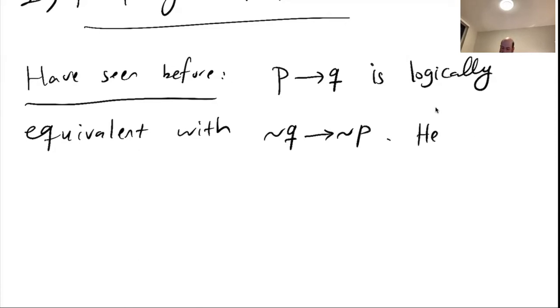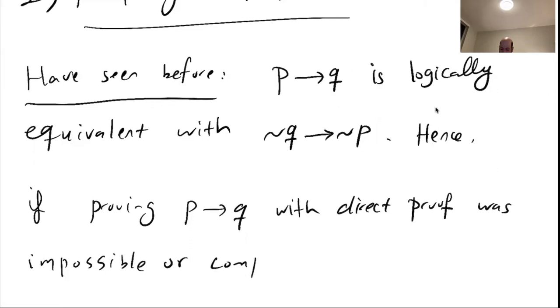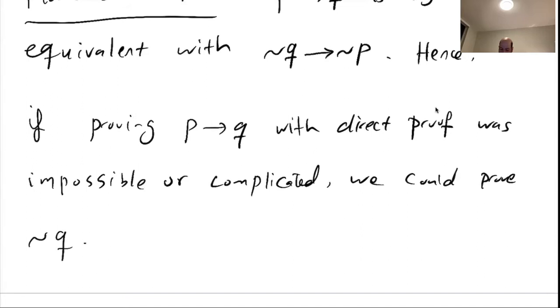So hence, if proving P implies Q with direct proof was impossible or complicated, we could prove negation Q implies negation P instead.